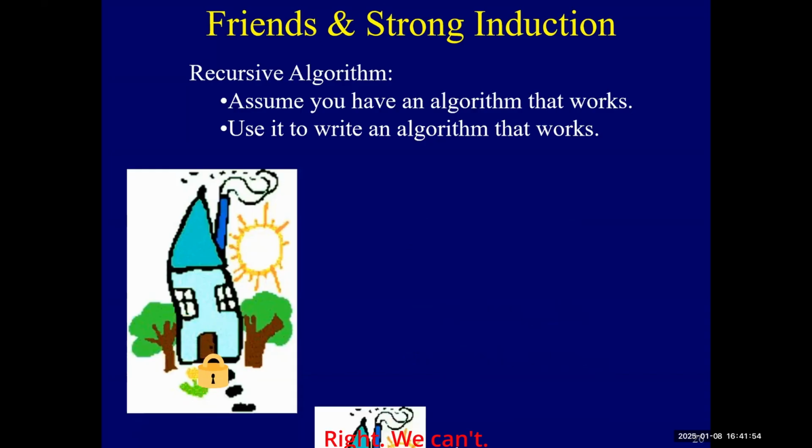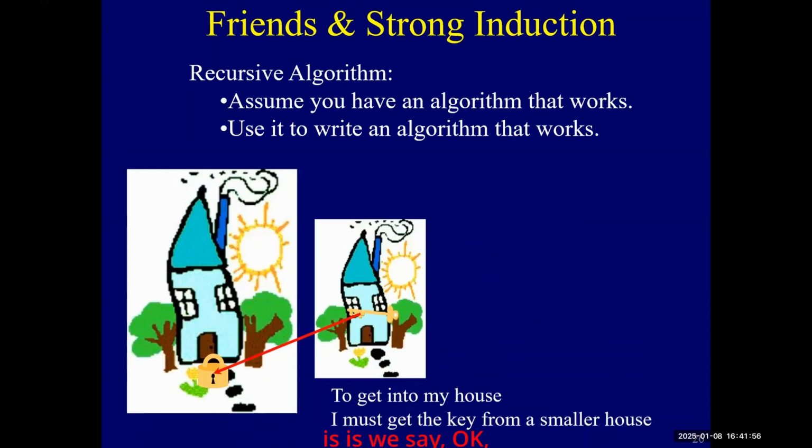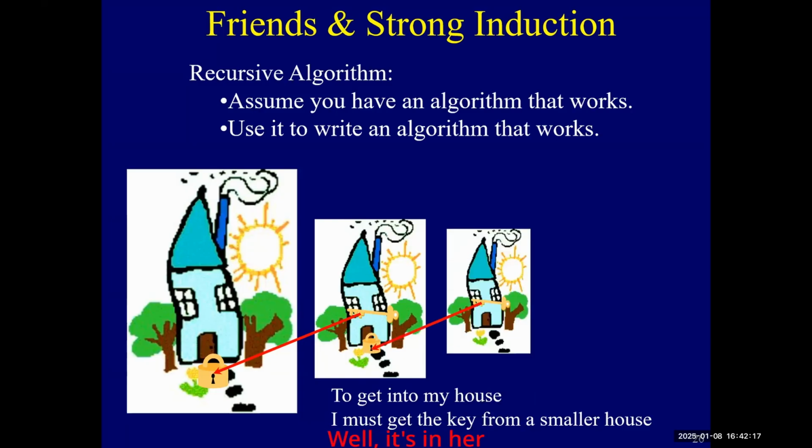So what we do is we say, okay, my house is locked, but the key is not inside of my house. The key is inside of my neighbor's house. Oh, but dear, my neighbor's house is also locked. Where's my neighbor's key? Well, it's in her neighbor's house, which is also locked.